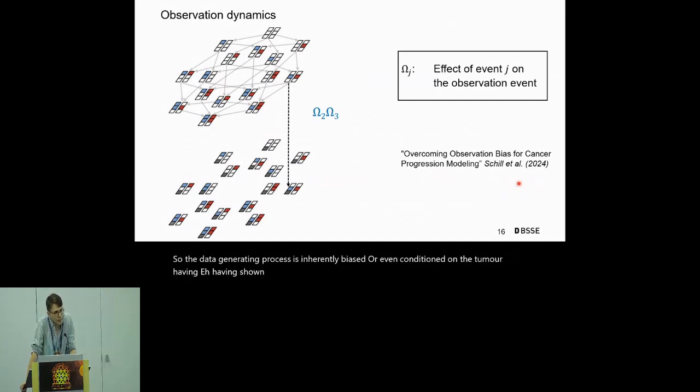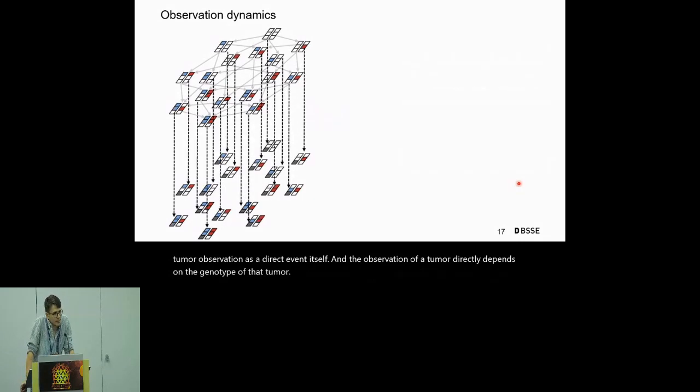And in order to overcome observation biases from this, we adopt the technique that was introduced by Schill et al. this year and model the tumor observation as a direct event itself. And the observation of a tumor directly depends on the genotype of that tumor. So all tumors can be diagnosed. And once the diagnosis happens, we assume that no further progression happens in that tumor.